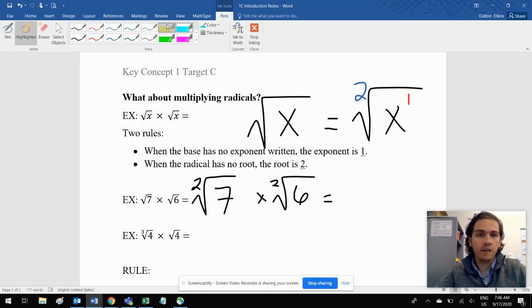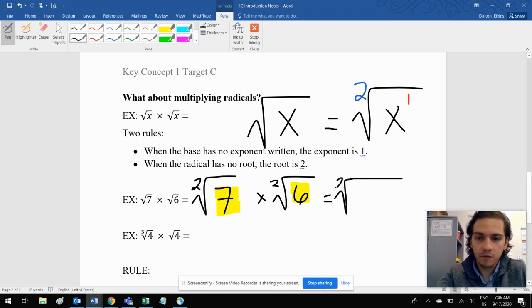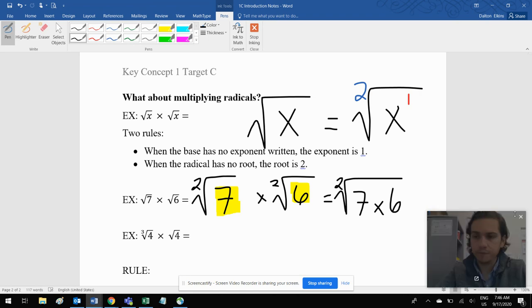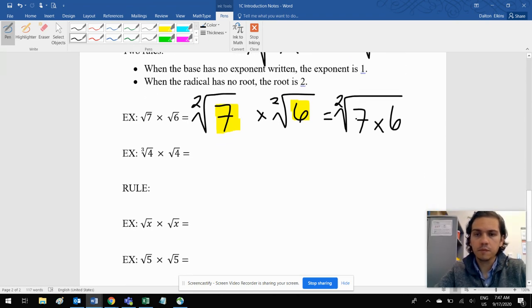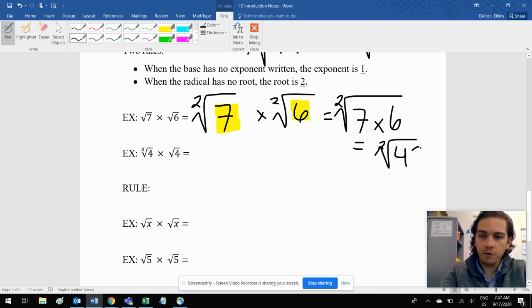So I'm going to take this 7 and multiply it by this 6. That's how we combine these. This will be the second root of 7 times 6. And from there we can combine that. 7 times 6 is 42, so the second root of 42.